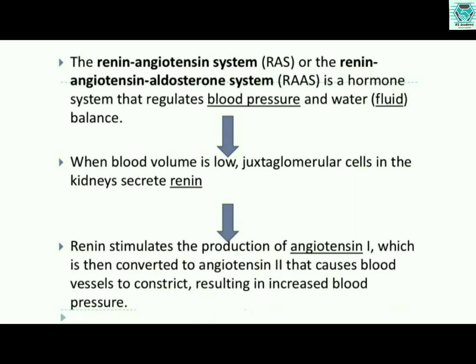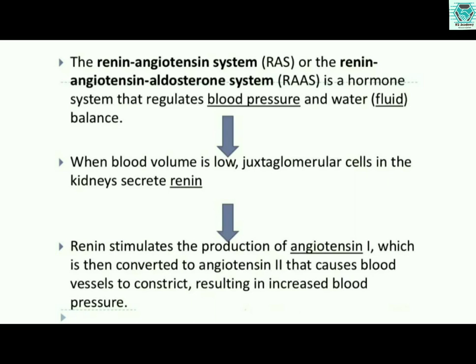These things are also shown step by step. Angiotensin 2 also stimulates the secretion of the hormone aldosterone from the adrenal cortex. So angiotensin 2 stimulates the aldosterone, and they are stimulated by the low fluid level of the body.